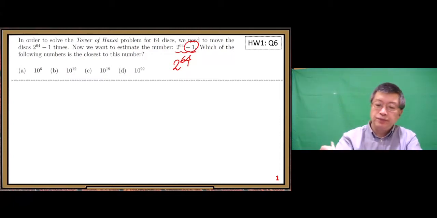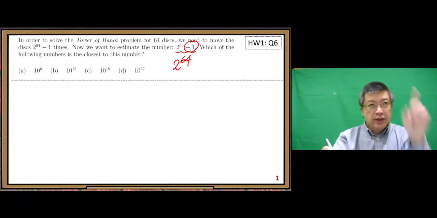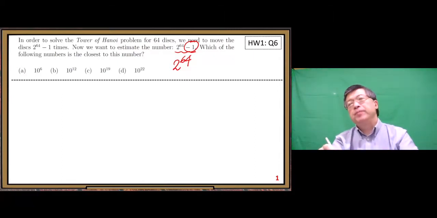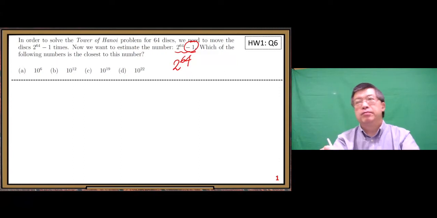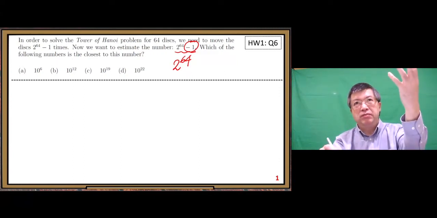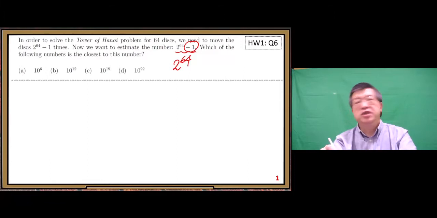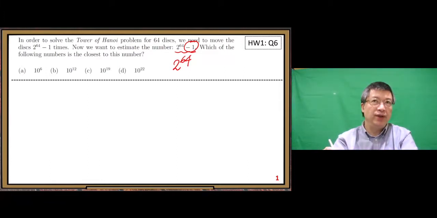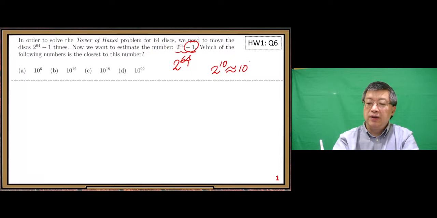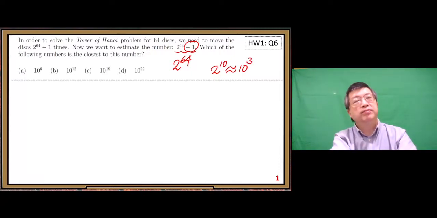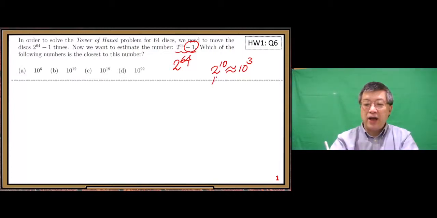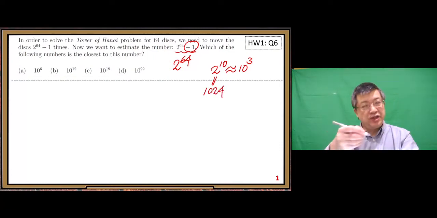All right. So then I like you to use one special estimate. We use it a lot in computer science. That is 2 to the 10, approximately equal to 10 cubed. 2 to the 10th, that's 1024, the exact number.